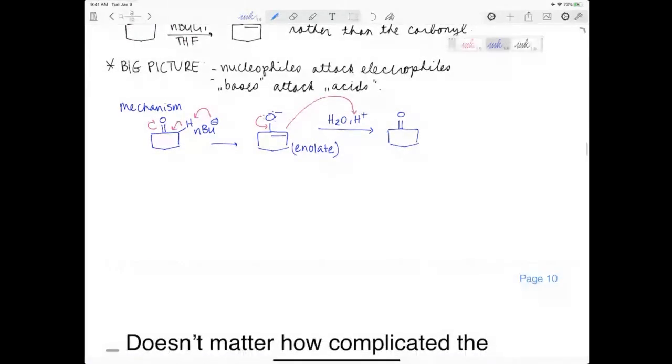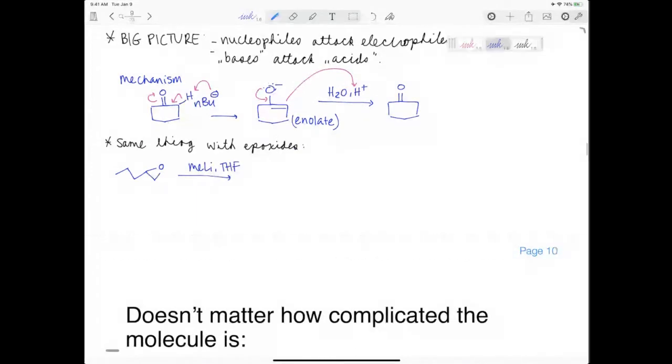The same thing happens with epoxides. You have to be careful because I think this was something that your problem set had. So just take note. Let's say I had this epoxide, and I treated that with methyl lithium and THF. What you would get is the deprotonation of the most acidic proton, which is going to be right here.